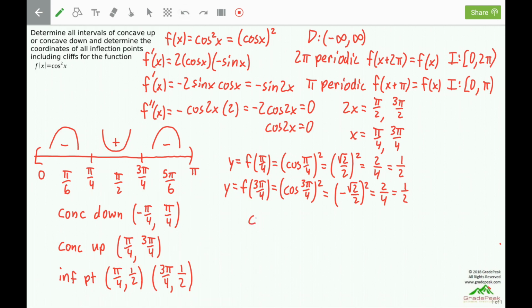So we will have concave down, negative pi over 4, plus the period times an integer, up to pi over 4 plus period times an integer. This will give all intervals of concave down over the entire domain of all real numbers.